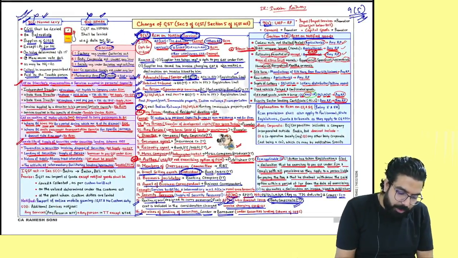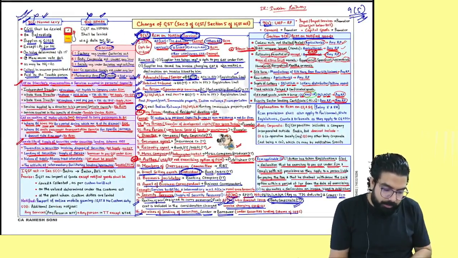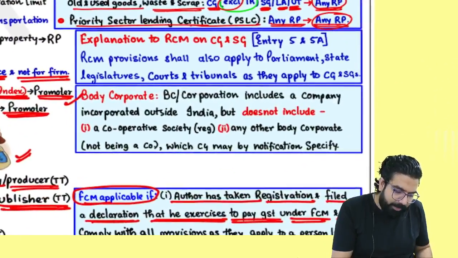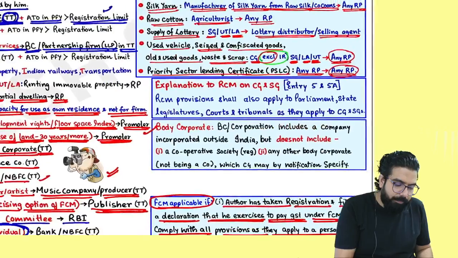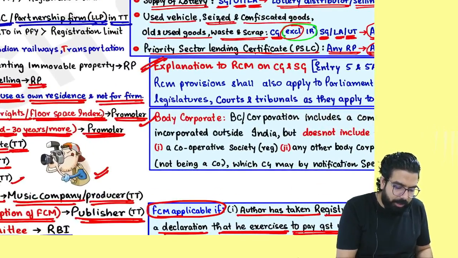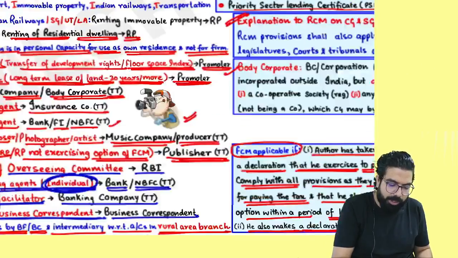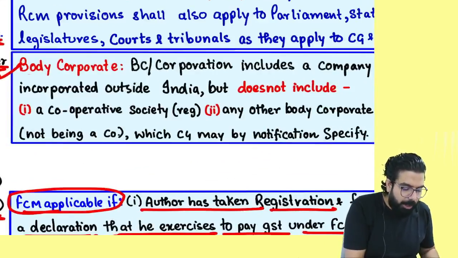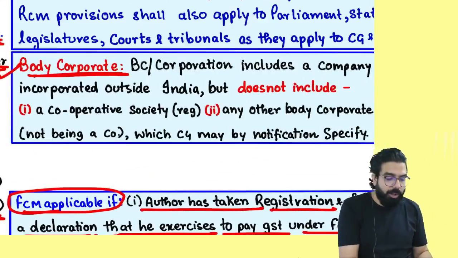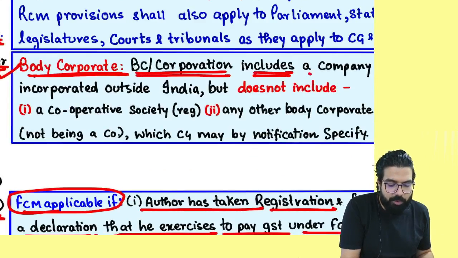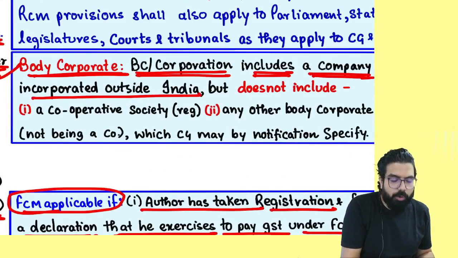Next. On the right hand side. Okay, this is government related, nothing important. When we talk about government, Section 5 and 5A, later at that time I'll talk about it. Here one point is there, the body corporate point. What is a body corporate? Body corporate or a corporation includes a company incorporated outside India.